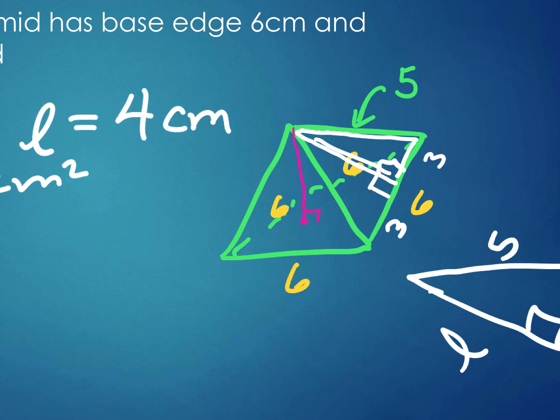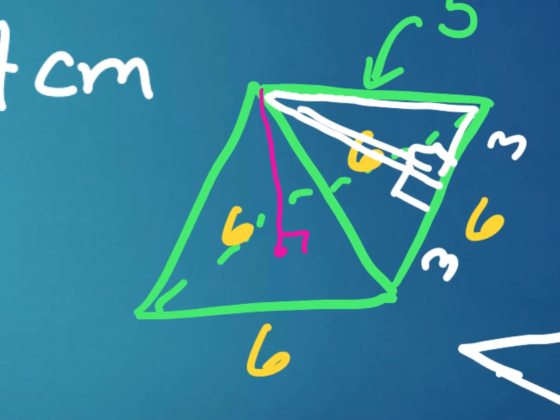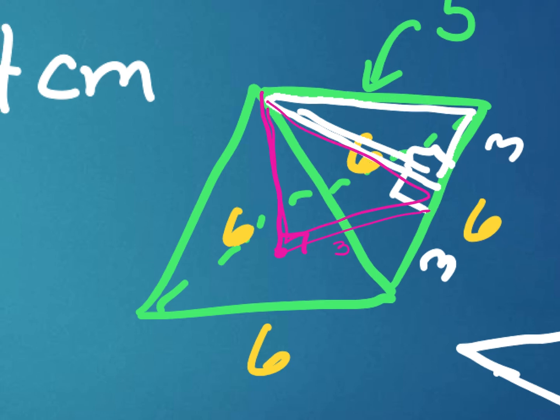And again, remember, it goes from that top vertex into the center of the base. Notice what I can do here is now draw a segment that would go over here to the side, which would be half of the 6. And now what I'm going to do is make a special right triangle here using that slant height.